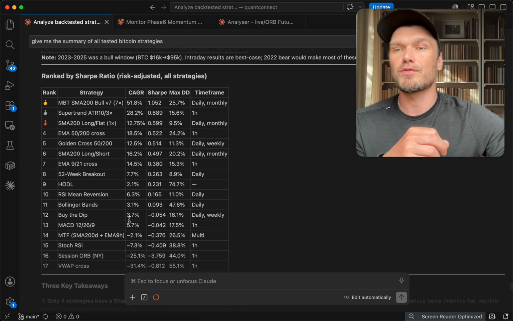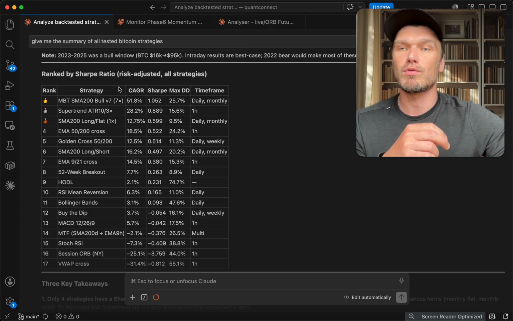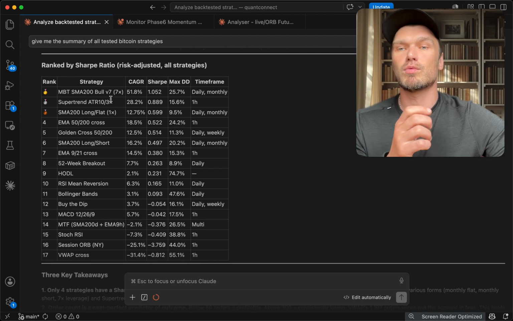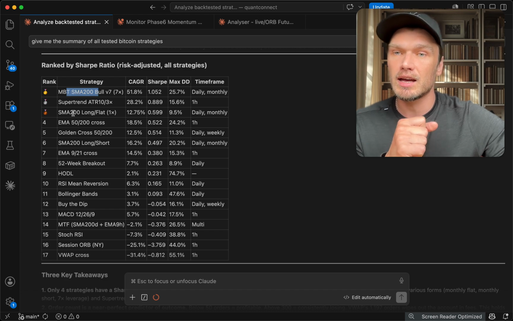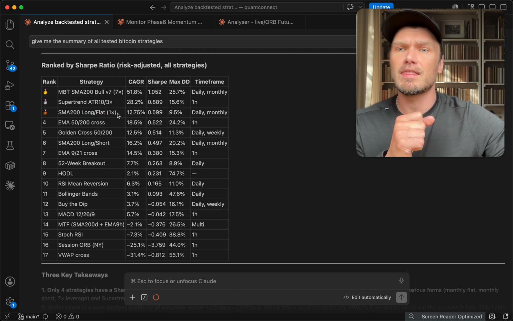And here's all the findings, the summary of all those strategies in one list if you want to see them. But once again, this is the same strategy as this one. The difference is this one has 7x leverage and this one is 3x leverage.